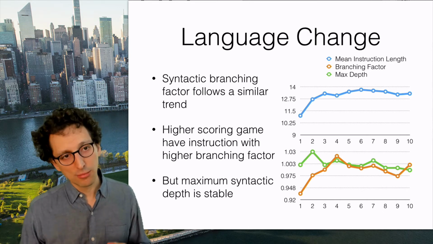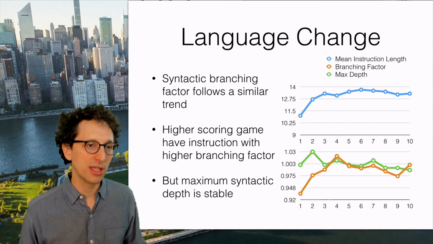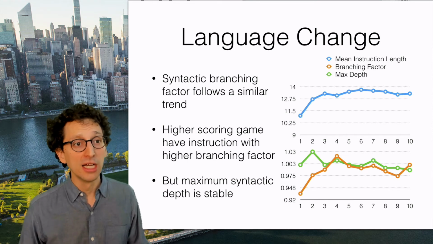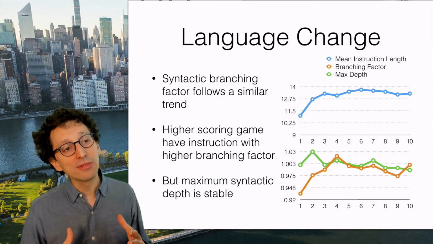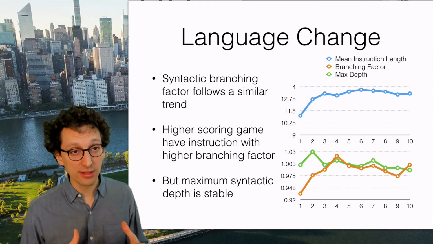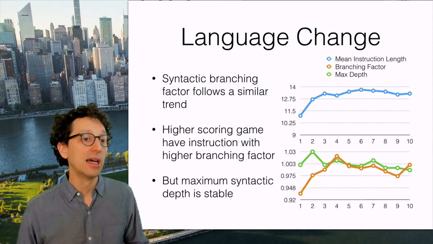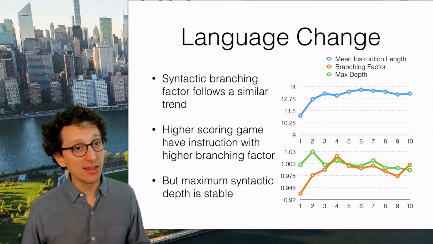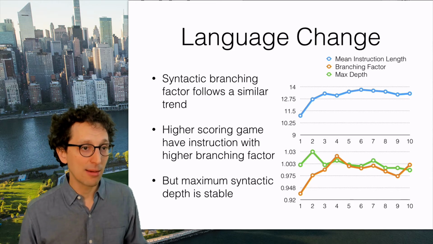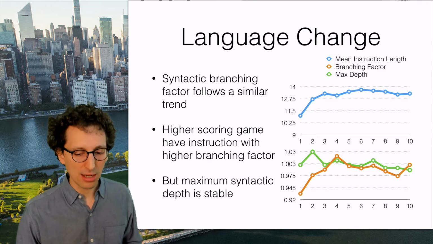And we can also see, and I'm not showing it here, that higher scoring games actually have a higher branching factor. So higher scoring games are qualitatively, syntactically different than low scoring games. On the other hand, another measure of syntactic complexity, maximum syntactic depth, is relatively stable throughout the game.